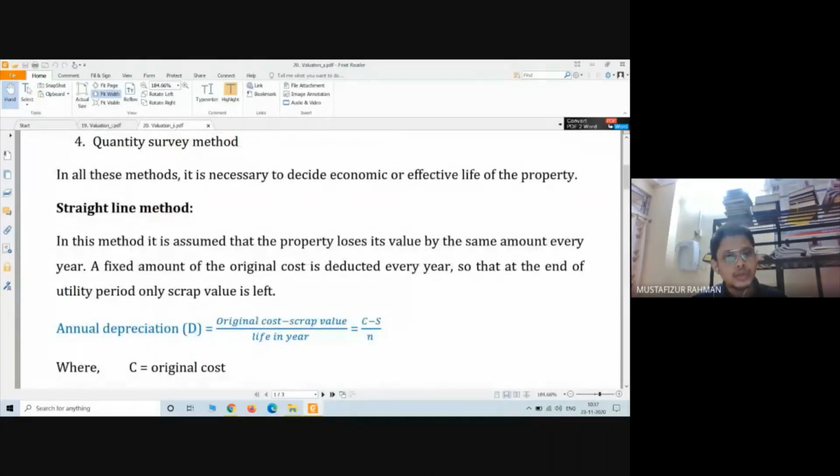In the straight line method, what we are doing is original cost minus scrap value, that is our value at the end of the utility period, divided by the life of the property. So we are getting a certain amount of depreciation every year, and the same amount of money is being depreciated every year.